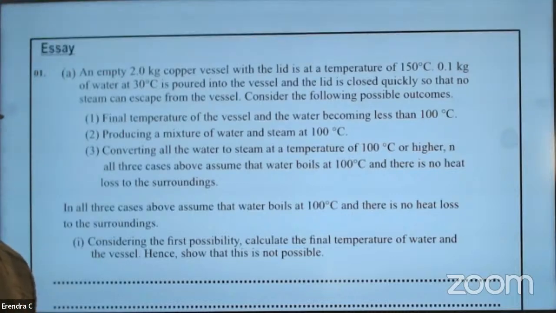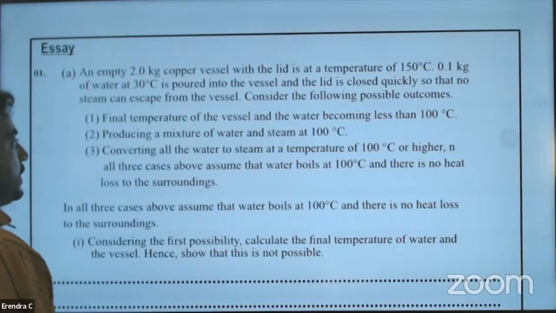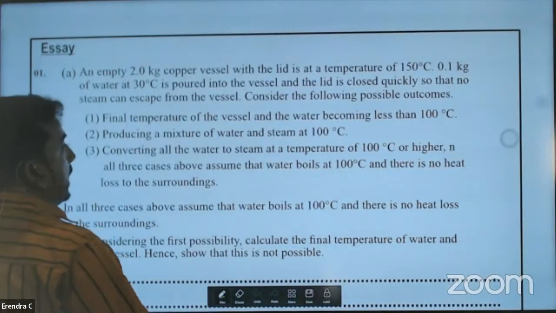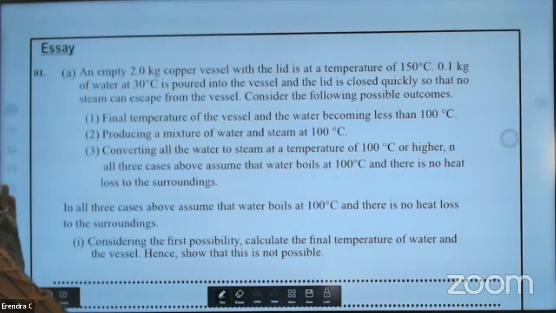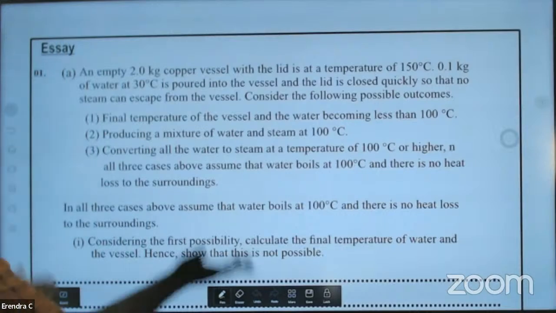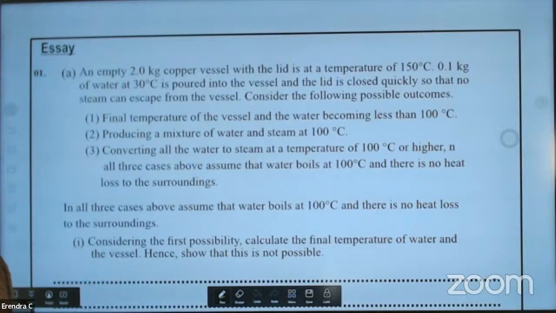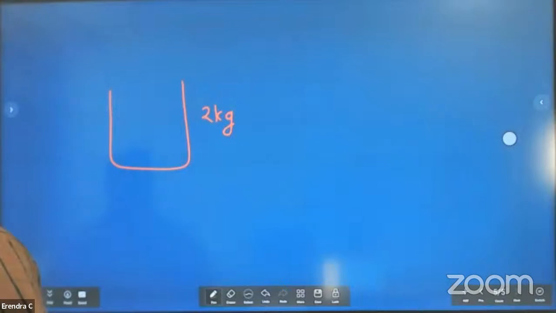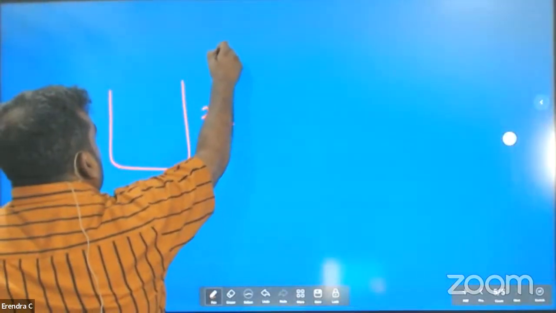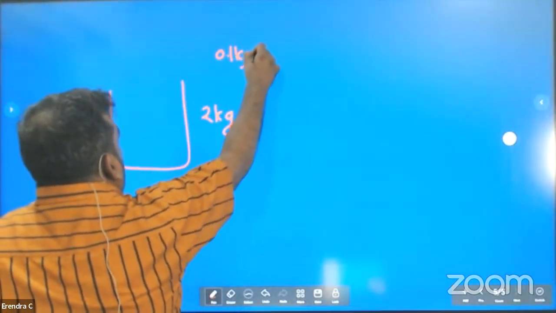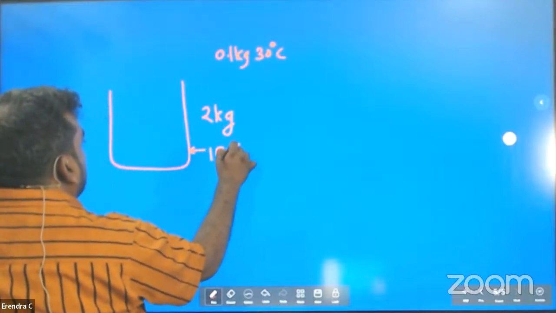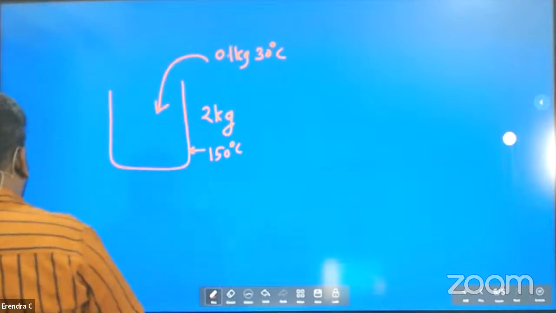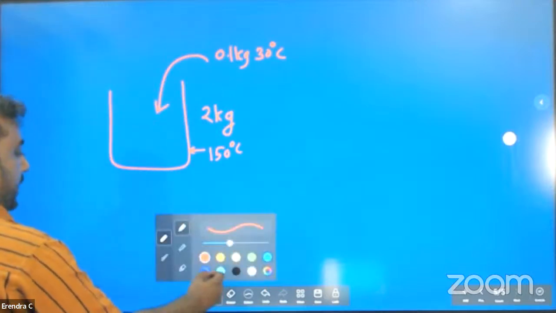Let's just draw it. 0.1 kilogram of water at 30 Celsius is poured into the vessel and the lid is closed. So here, 0.1 kilogram of water at 30 degrees Celsius, the vessel at 150 degrees Celsius, is poured into the vessel and we close the lid itself.